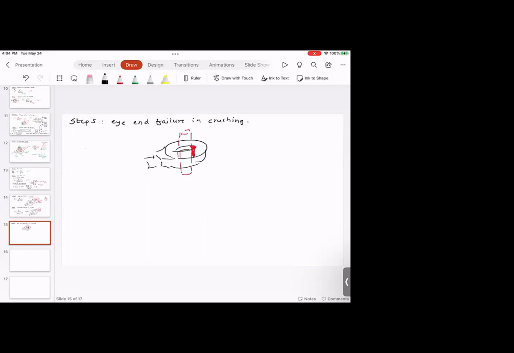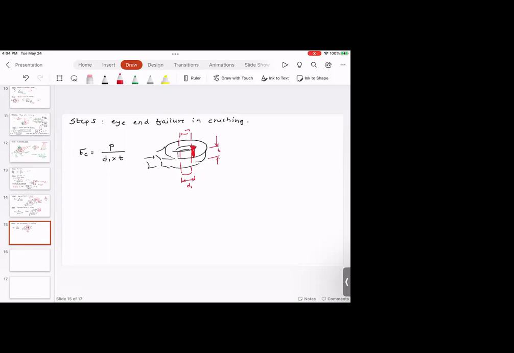So sigma C is equal to P over D1 times T, where D1 is the diameter of the pin or the inside diameter of the eye, and T is the thickness of the eye.